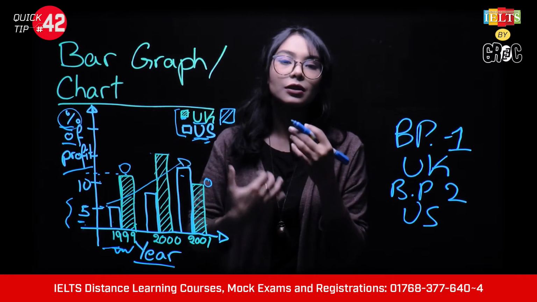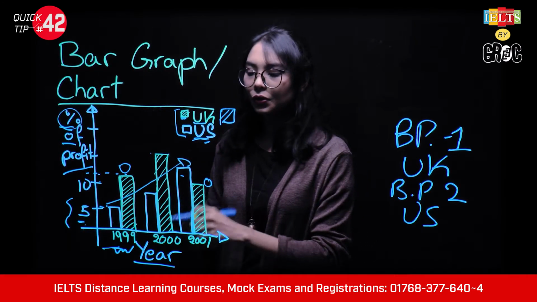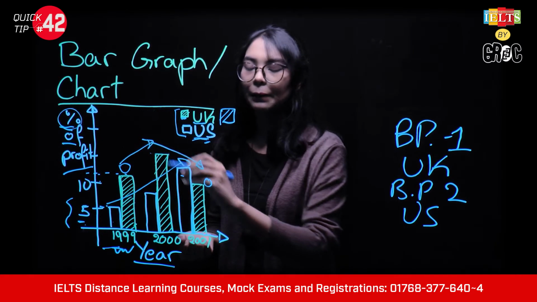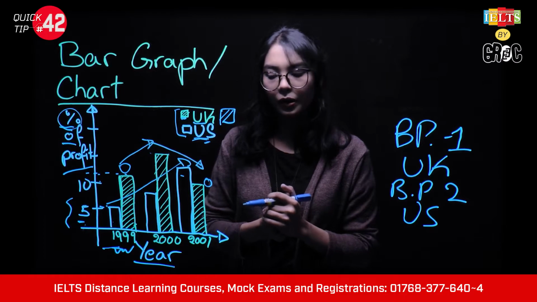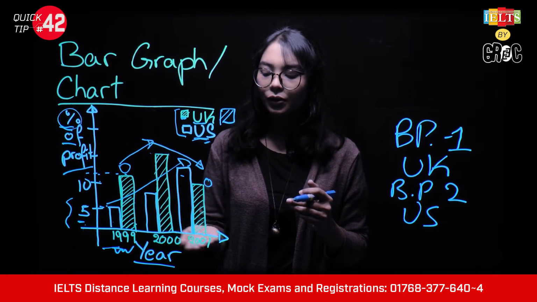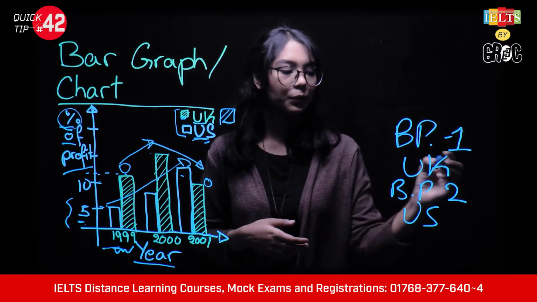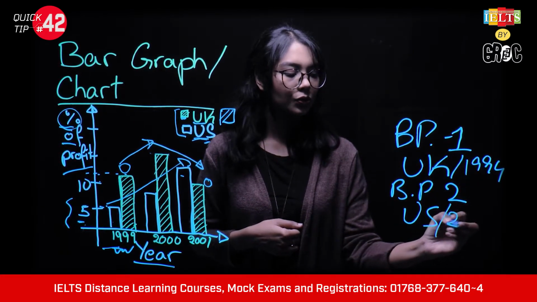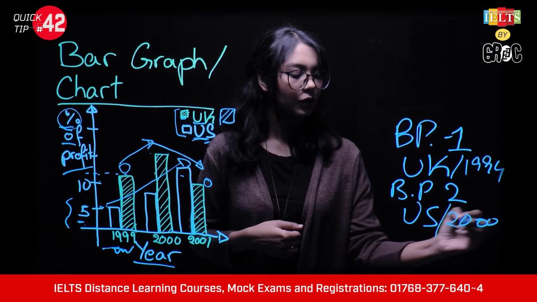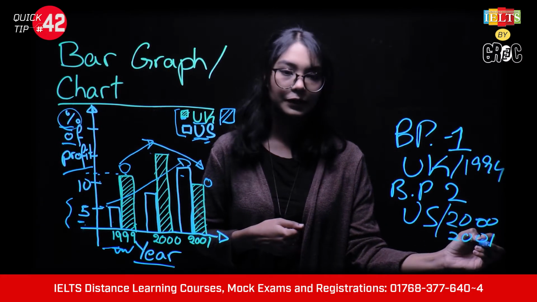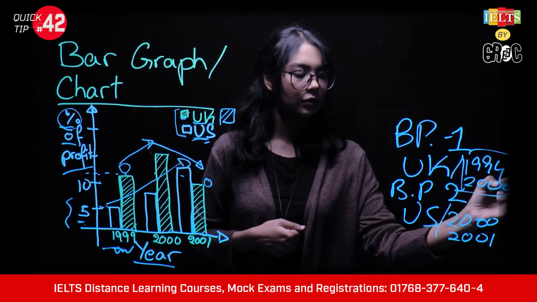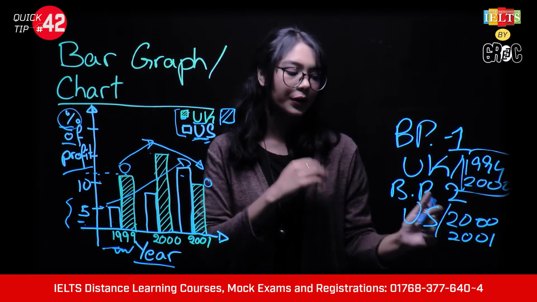So US keeps increasing, and in UK it increases and then it decreases. Right? You can differentiate using this trend. Or you can put in the 3 sets of data by year, so what happened in 1999, from 2000 to 2001.